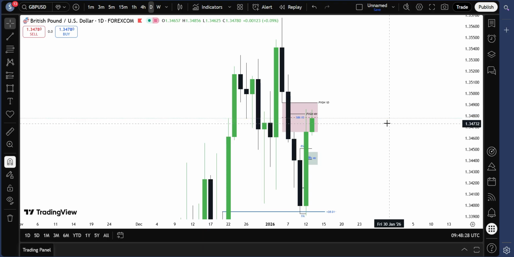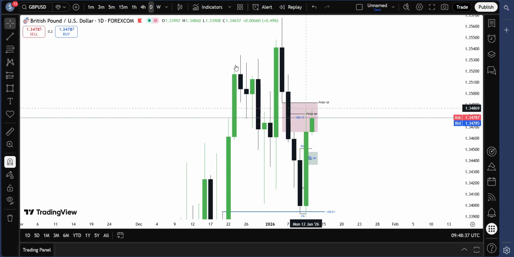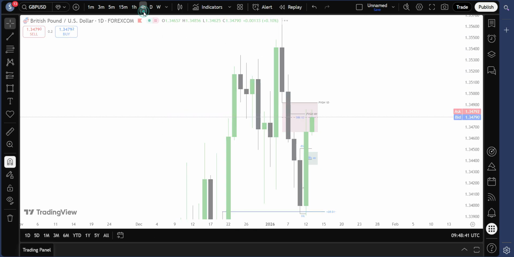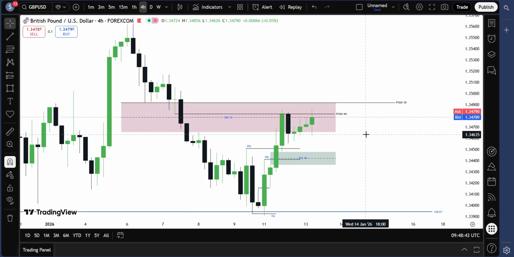Okay, and we can see that so far price is respecting the midpoint of that CB on the daily. When we move down to the 4-hourly, price is still trading within the high of the fair value gap on the 4-hourly as well. This is a swing high.